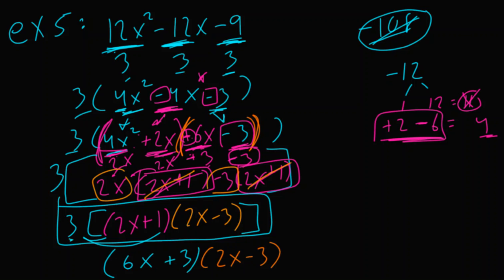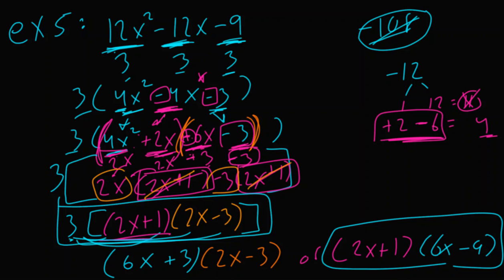Okay, but what if, and here's going to be our other case, I could leave this first factor alone, 2x plus 1, and then I could actually distribute this 3 to the second factor. 3 times 2x is 6x, and 3 times negative 3 is negative 9. And there we go. So literally, we have 3 ways that we could factor this out.